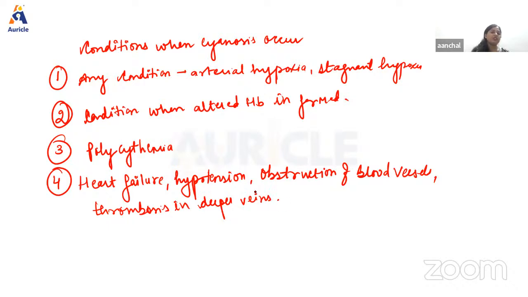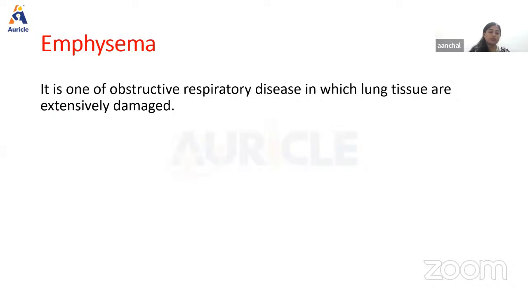So these are the conditions in which cyanosis can occur. Next we have another condition that is known as emphysema.